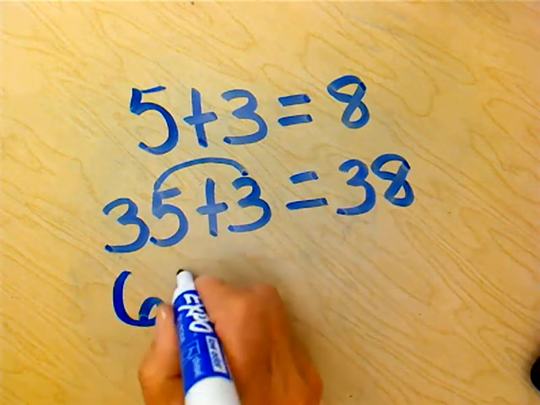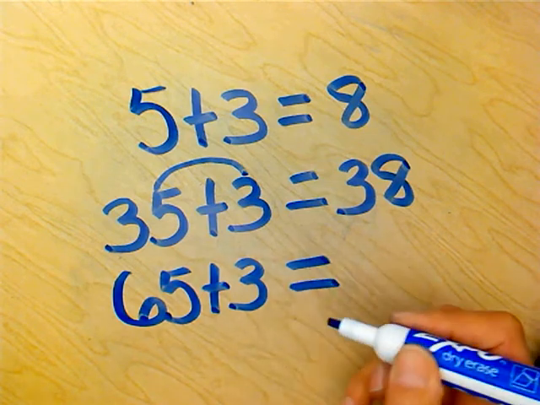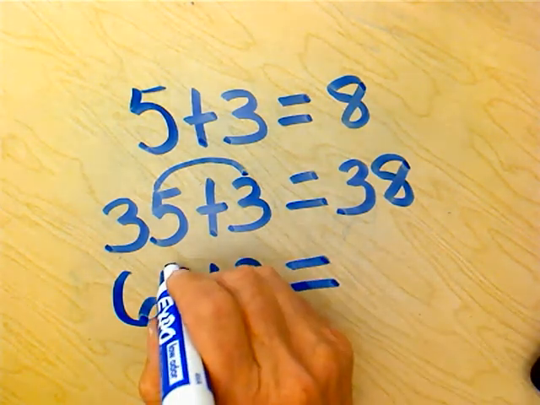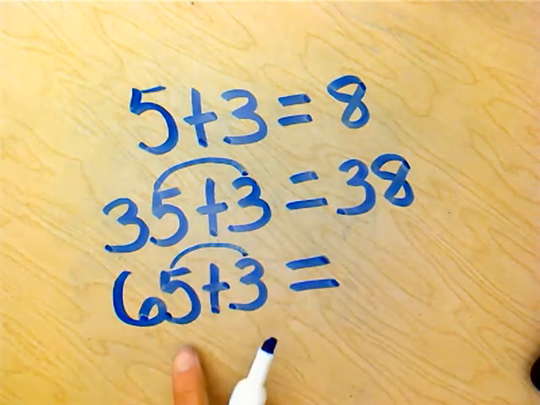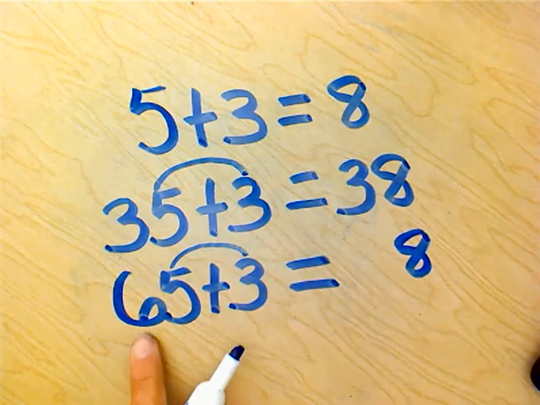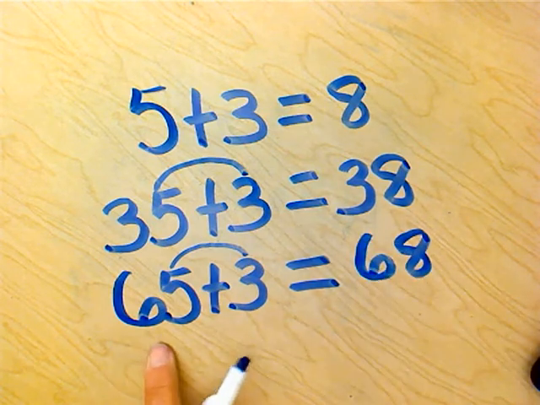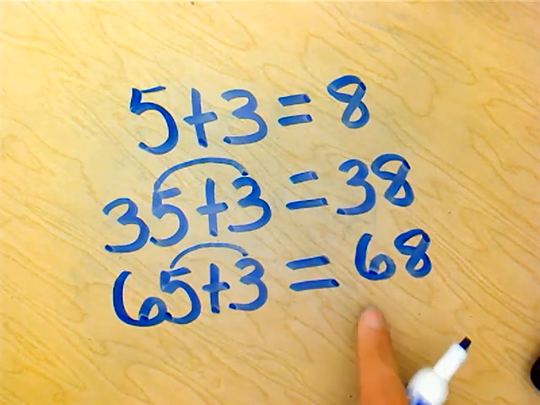Let's try that with 65 plus 3. Will it still work even if I'm doing 65? I think so. 65 plus 3, well, I know that 5 plus 3 is 8 ones. How many 10s do I still have to work with? I have 6. So 65 plus 3 would be 68.